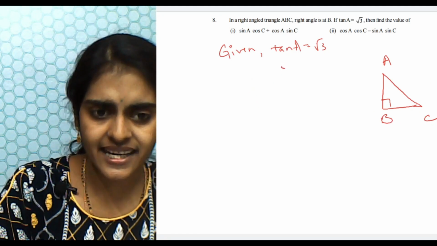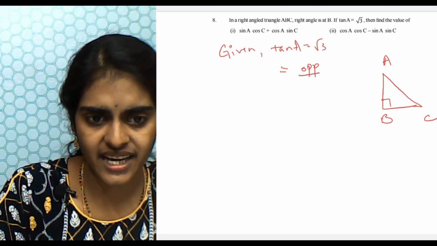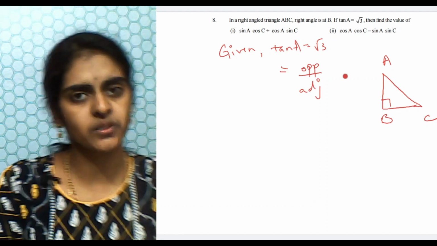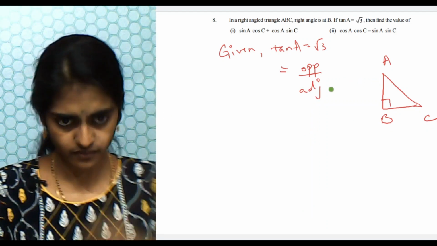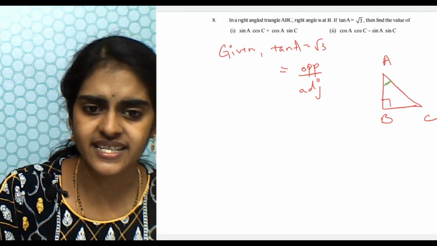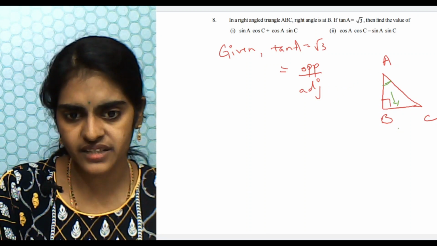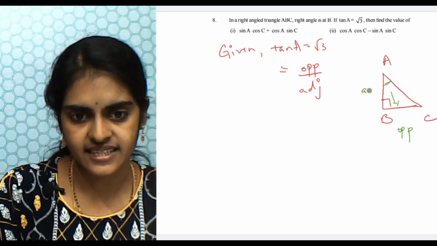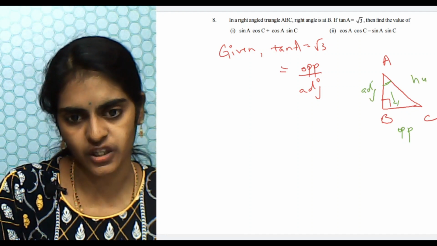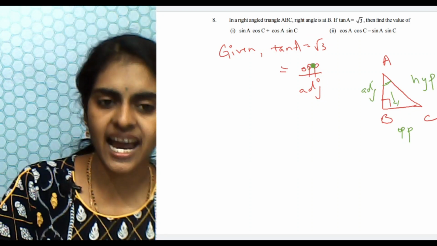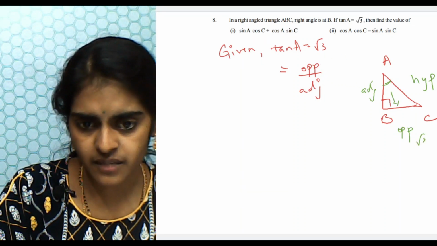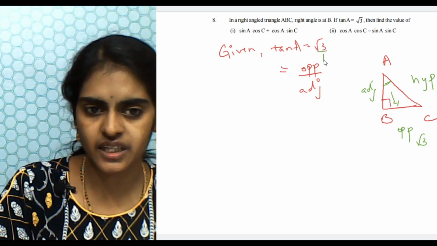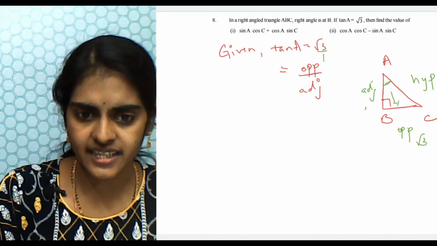Tan is nothing but opposite by adjacent. From this triangle, see the opposite side of angle A: this is opposite, this is adjacent, this is hypotenuse. We have tan A as root 3, which means the opposite side is root 3. I can write this as root 3 by 1, so the adjacent side is 1.